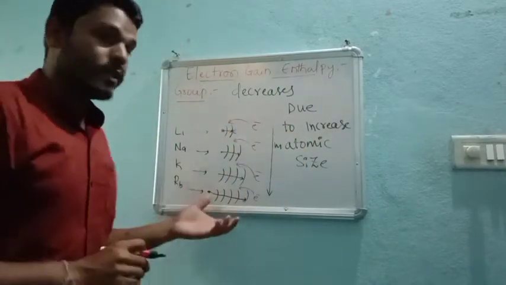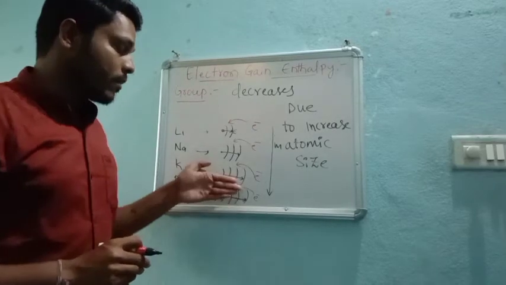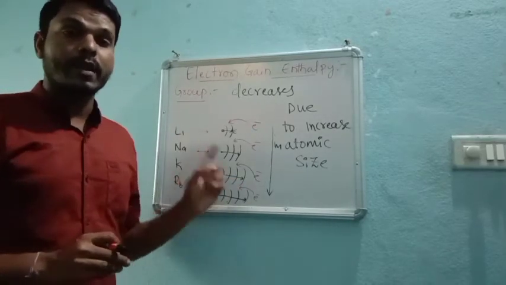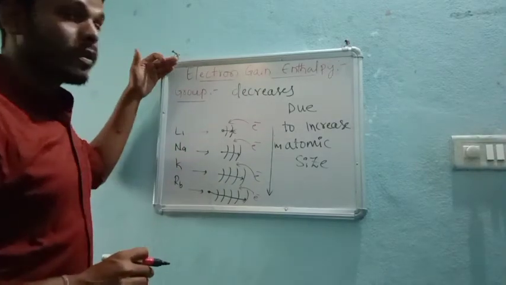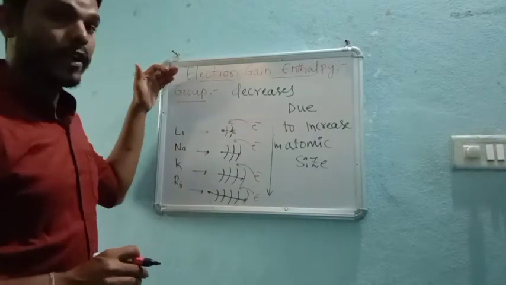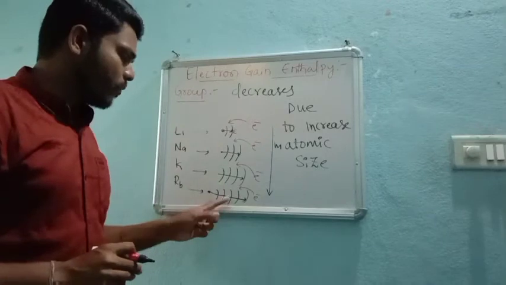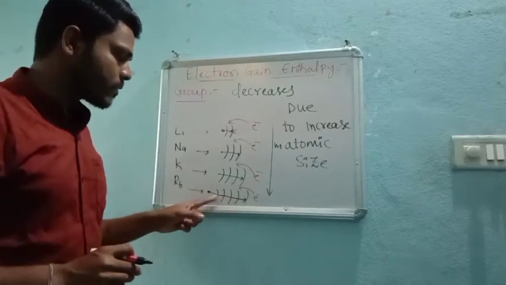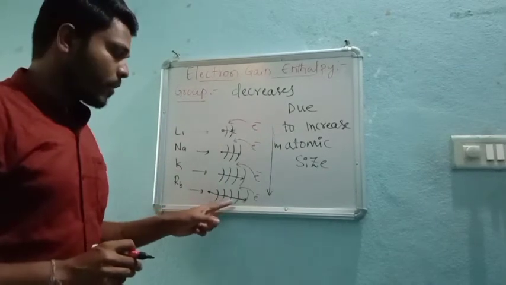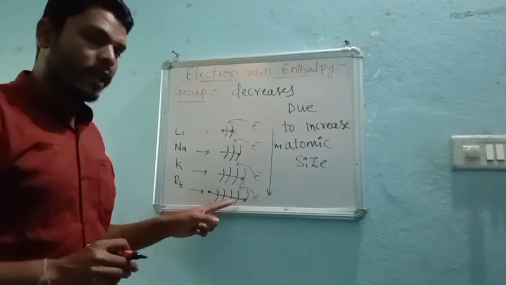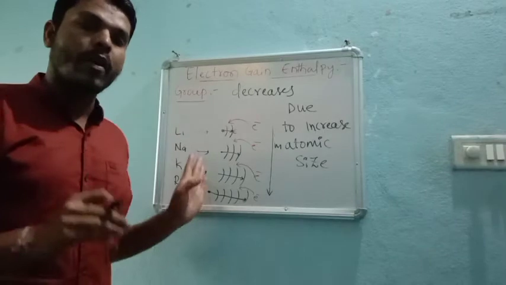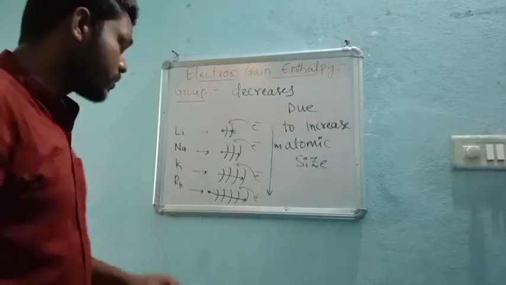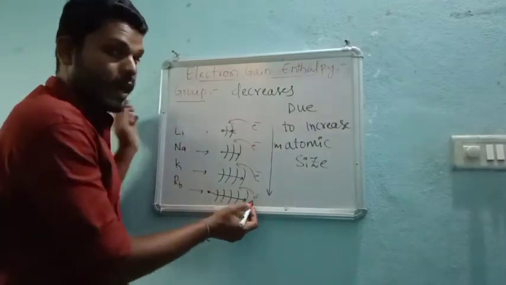The valence shell is very important for ionization enthalpy as well as for electron gain enthalpy. We don't want the inner shells, because these inner shell electrons neither undergo reaction nor take part in oxidation number formation.